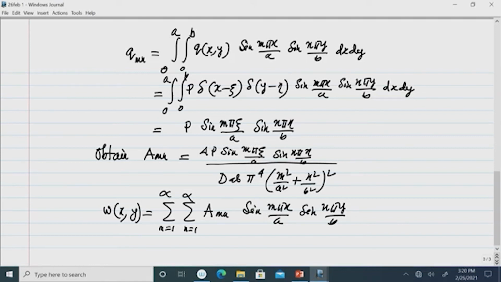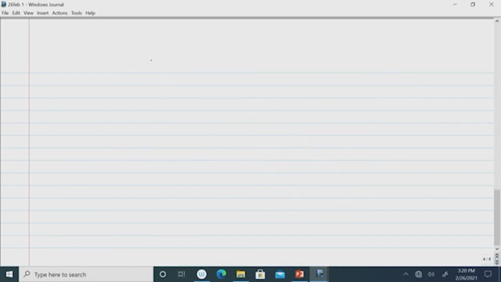Now, let us see what happens in the case of a line load. If a line load is acting on the plate instead of this concentrated load, then it is also possible to obtain this Q_mn. For example, we have the plate with line or strip loading.